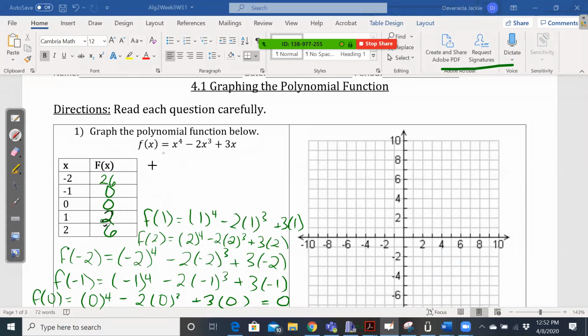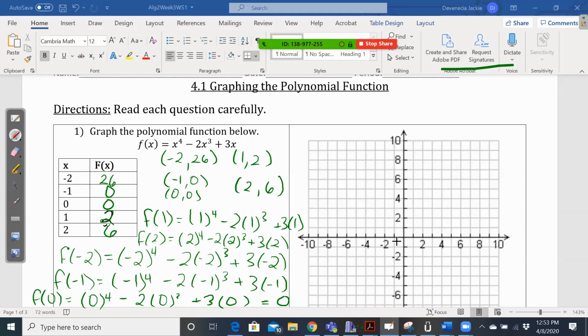So here are all my coordinates. It's going to be hard for me to plug this in, so I'm going to write it out. I have -2, 26; -1, 0; 0, 0; 1, 2; and 2, 6. So these are all my coordinates. Let's just do the rest.